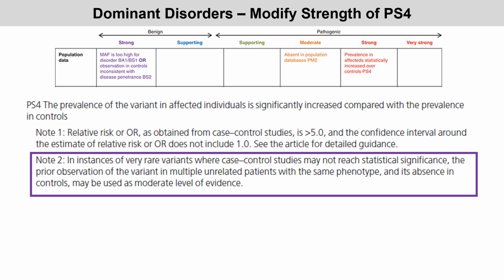However, often you don't have enough data to really perform a statistically significant case control study. And so in the guidelines, they address this by adding this note 2 that I've circled below, where when you have a very rare variant where a case control study may not be significant, the fact that you've seen this variant in multiple unrelated probands and that this variant's absent from controls, you could then use this code for these observations as well.